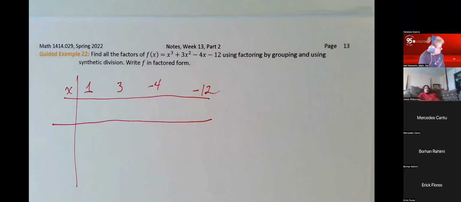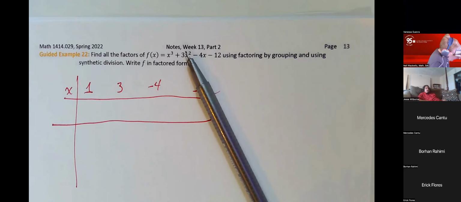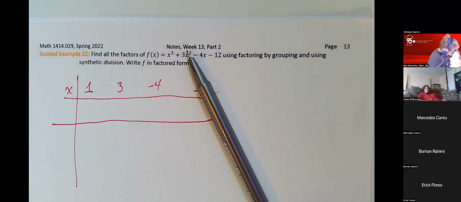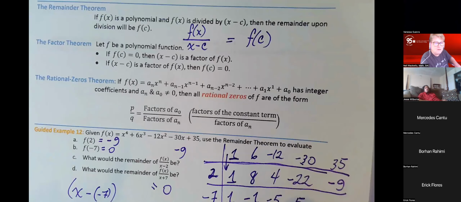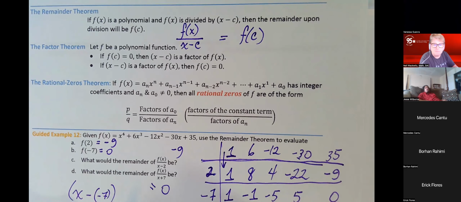And let's go ahead and look back at the rational zeros theorem, because we're going to start using it. Here it is. The rational zeros theorem tells us what possible numbers we can plug in.